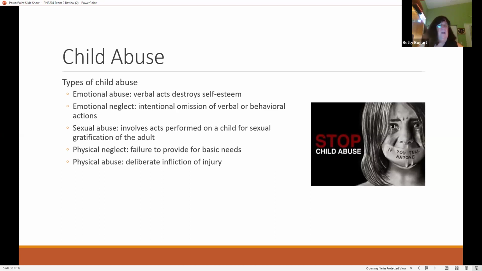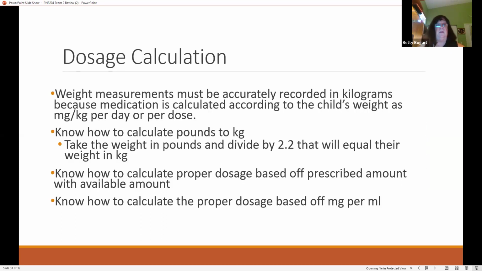Physical neglect, they don't have a house, they don't have food, they don't have clothing, they have no basic needs, Maslow's, right? Basic needs. And then, of course, physical abuse is when you could see bruises and different things. I've seen cigarettes, cigars put out. I've seen food withheld, too many things.